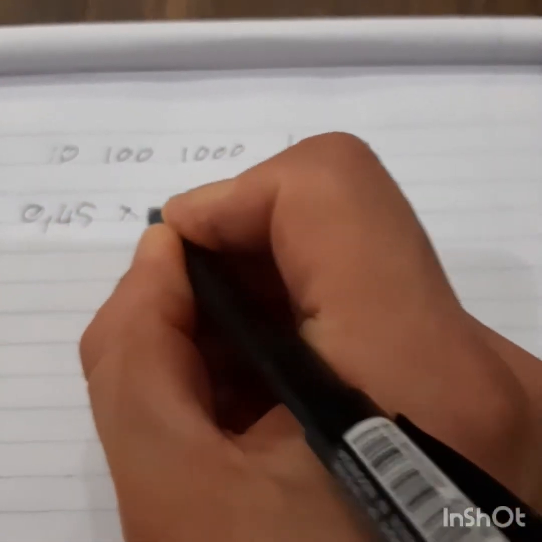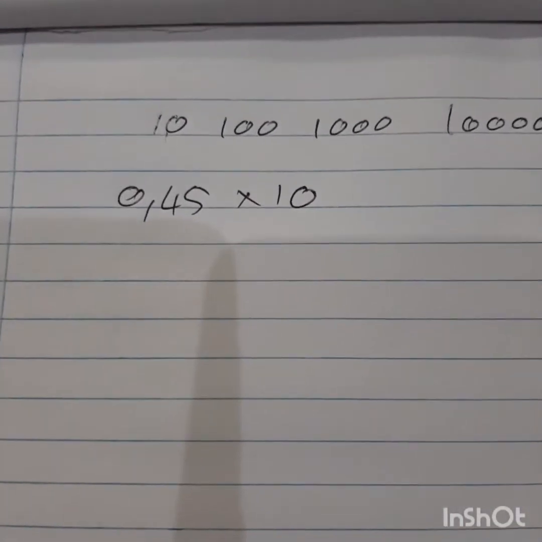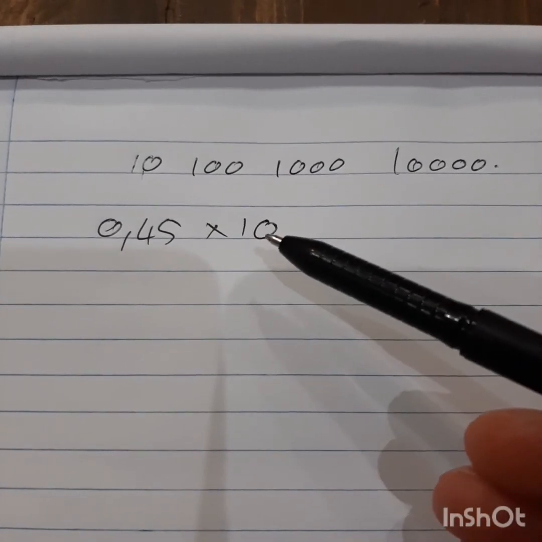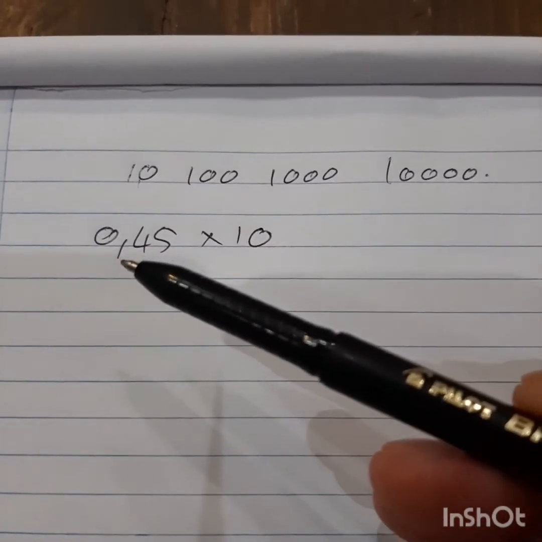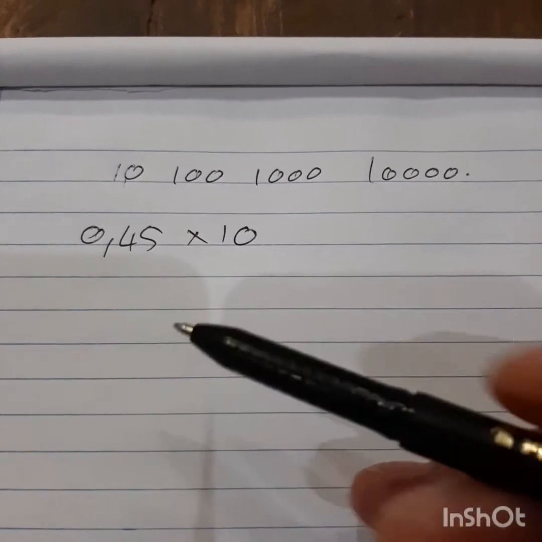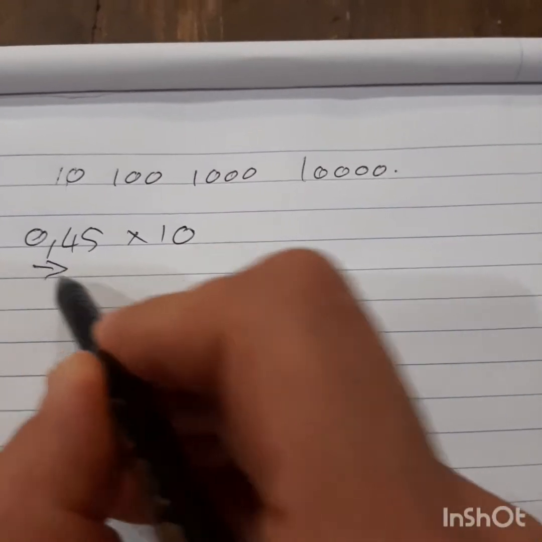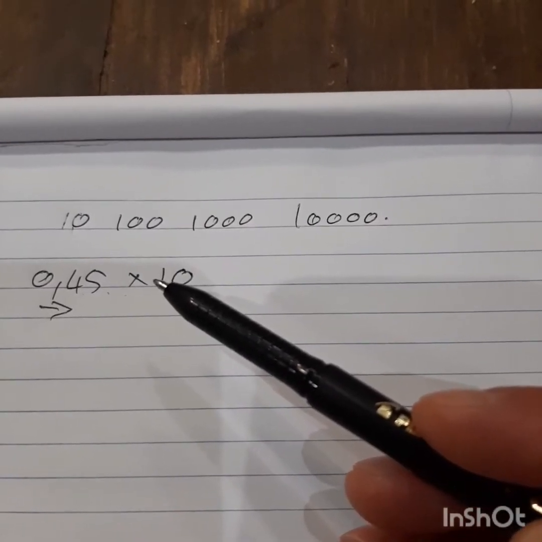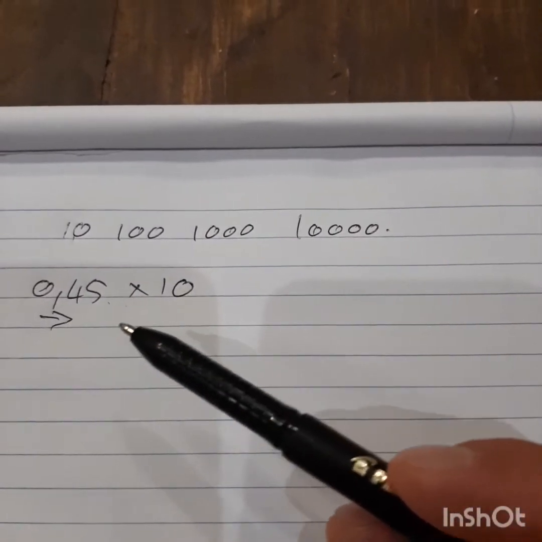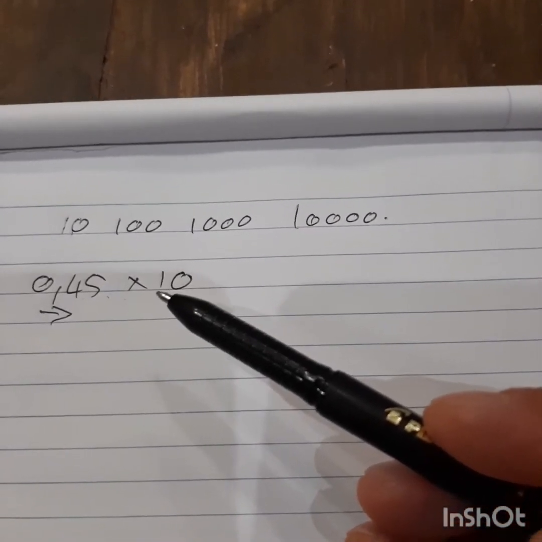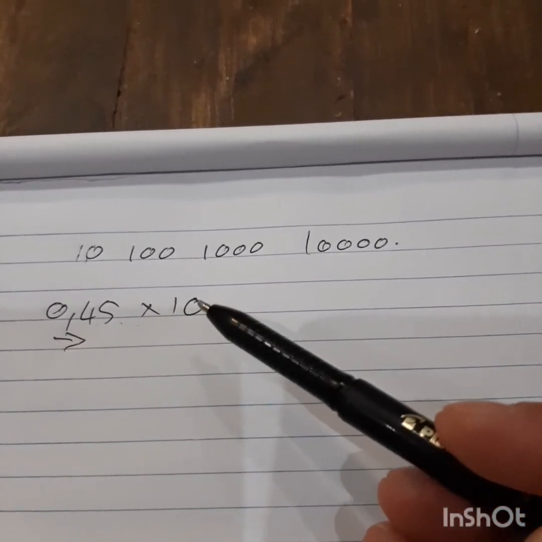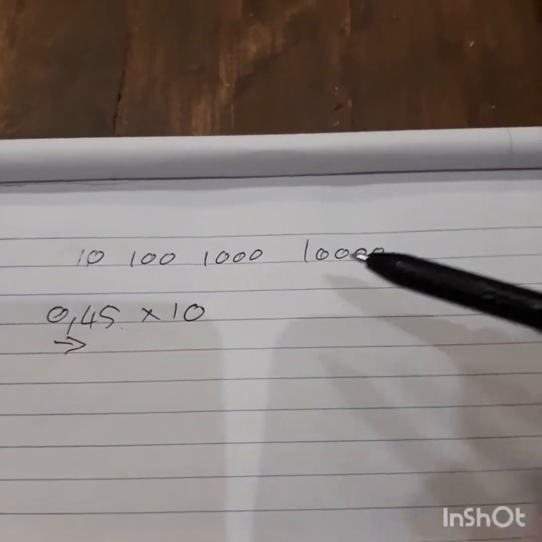0,45 times 10. What we have to remember when we multiply, and in this instance, we're multiplying by 10. When we multiply, the comma moves towards the right. So when we multiply a decimal fraction by 10, the comma is going to move one place towards the right.